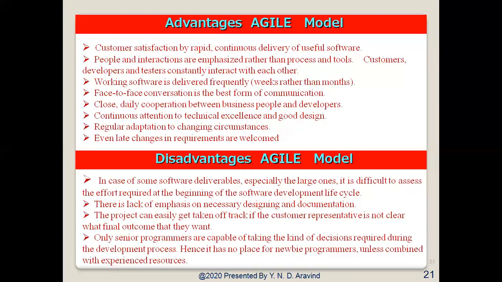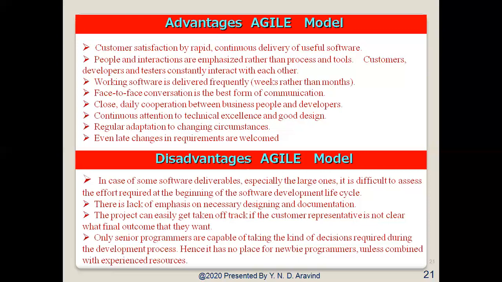And the disadvantages of the Agile model are: in the case of some software deliverables, especially large ones, it is difficult to assess the effort required at the beginning of the software development cycle. In such cases, we cannot go for this Agile model. There is also a lack of emphasis on necessary design and documentation, and the project can easily get taken off track if the customer representative is not clear about the final outcome they want.